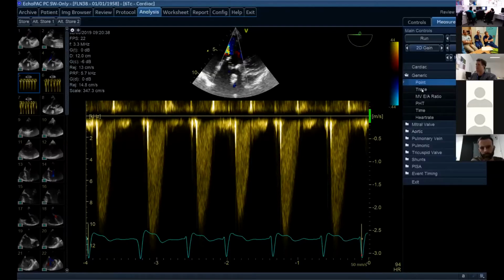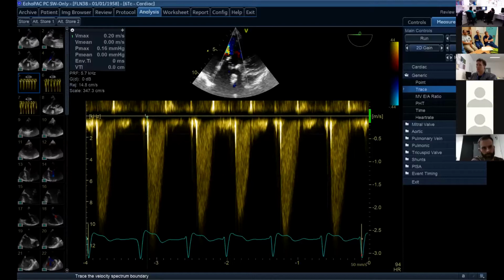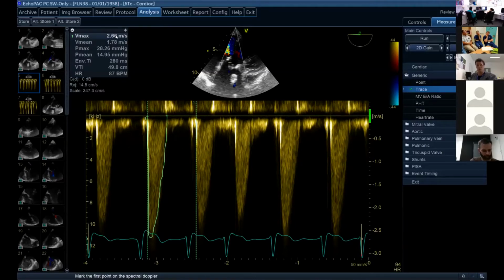And if I trace this out, here we've got a Vmax of 2.6, so it's over the 2.5 that we get worried about, suggesting that we're getting into maybe the more moderate territory there. And we've only got a mean gradient of 15, but one might argue that we're not quite on axis, so we're probably going to underestimate it as we go.